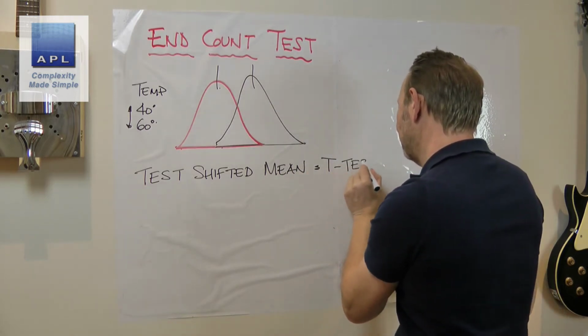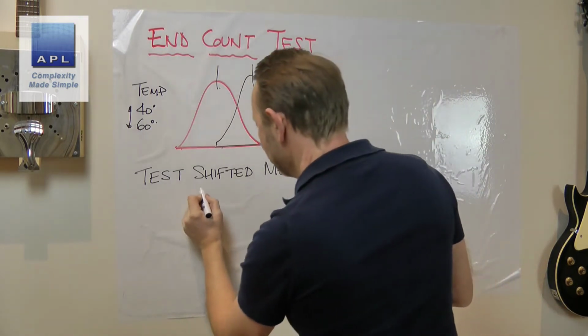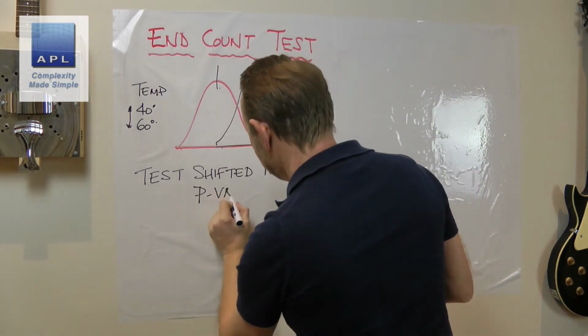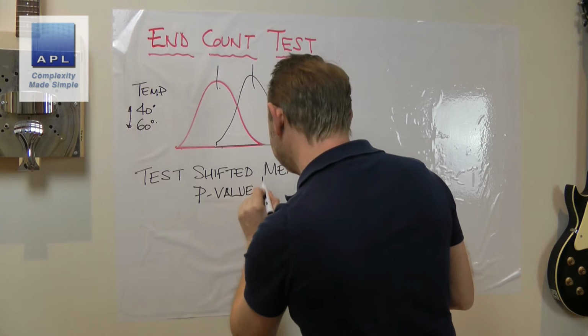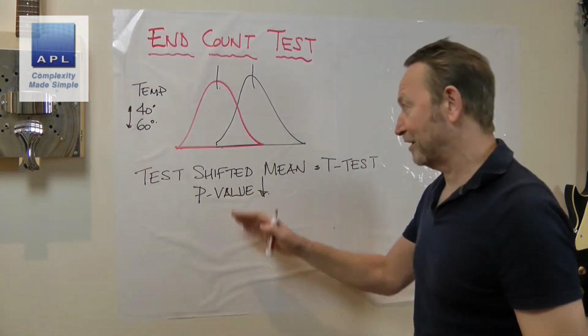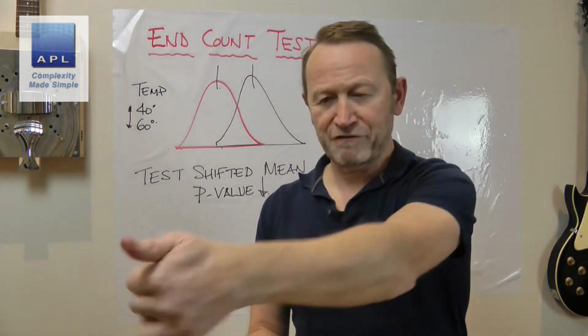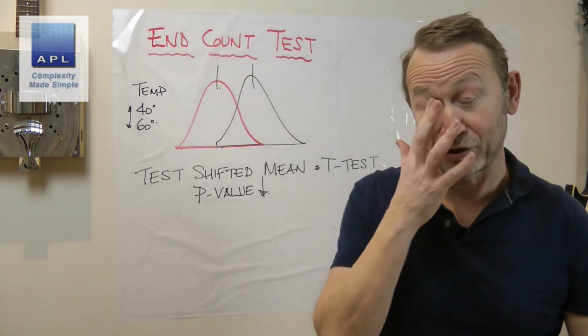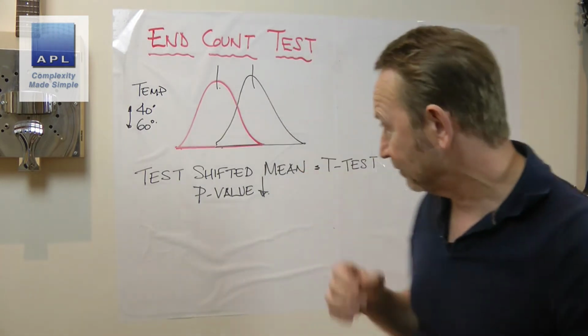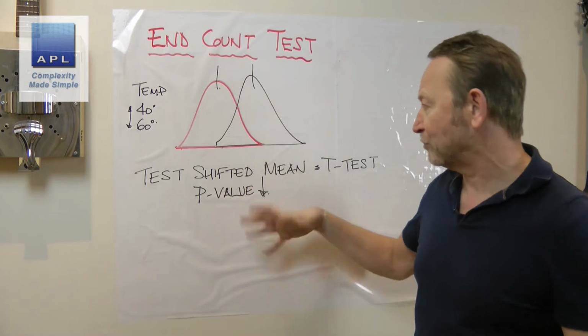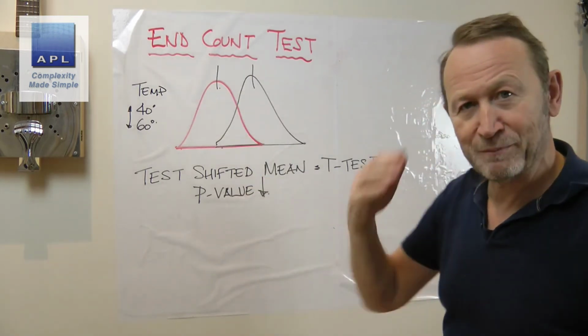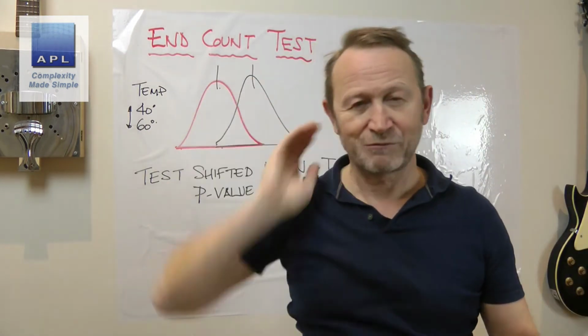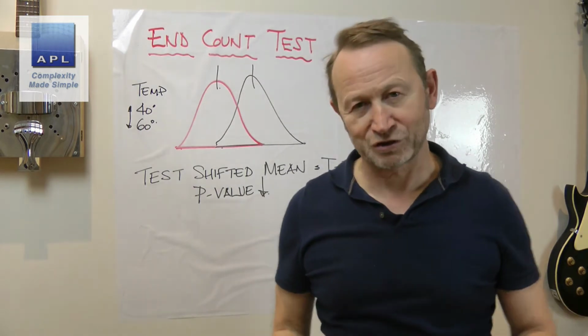So normally, the test that you do for a shifted mean is something called a T-test. And out of the T-test comes a p-value. And if the p-value is low, you definitely had an effect with your new temperature. You've shifted the mean of the process, right? So that's normally what happens, and it's quite mathematical, and people get confused about what a p-value is and all kinds of stuff.